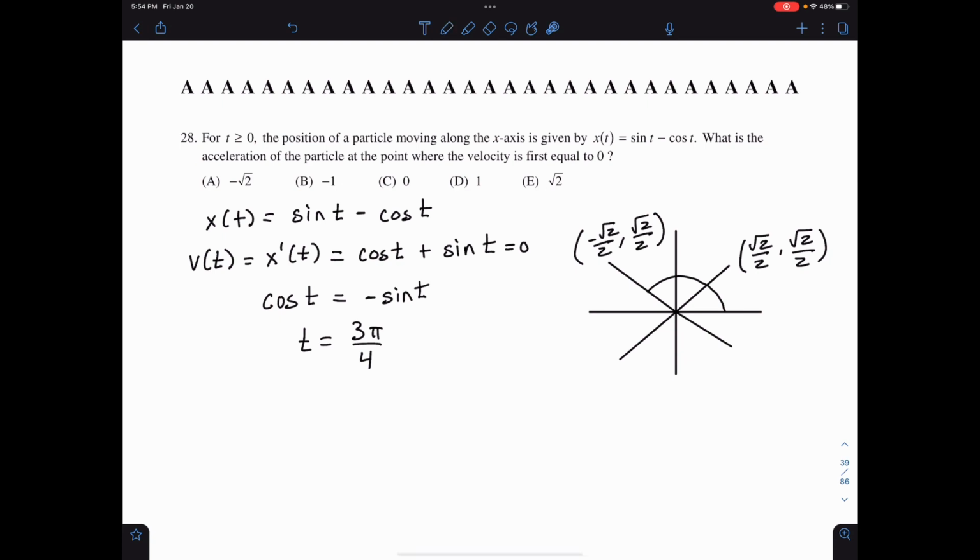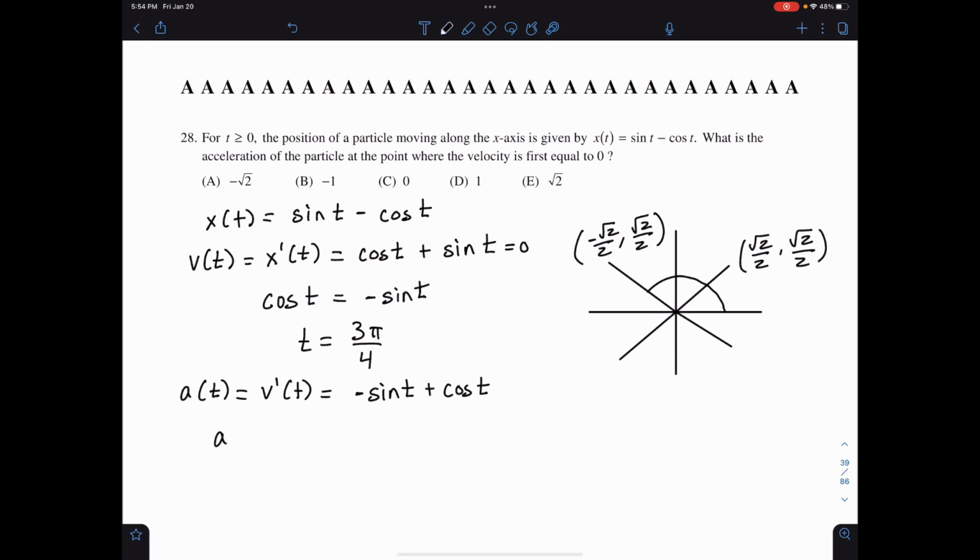So now we need to find an equation for acceleration, which is a of t. And acceleration is equal to the derivative of velocity. So we just take the derivative of our velocity equation. The derivative of cosine is negative sine, and the derivative of sine is cosine. So now I just have to plug in t is equal to 3 pi over 4.